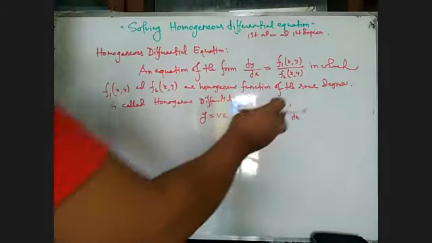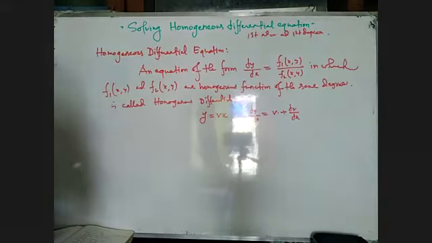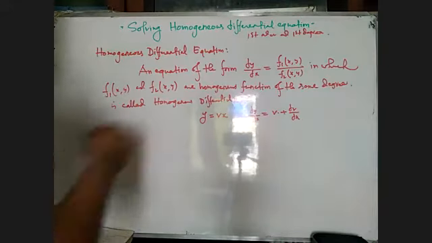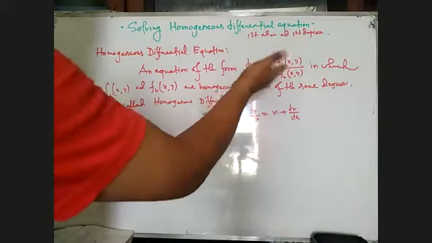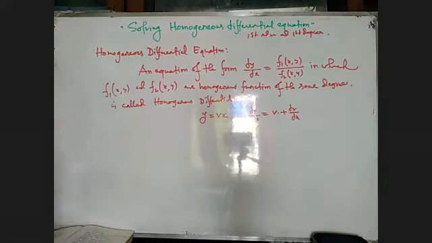So we can substitute the variable y in terms of v. Just by substituting this, we can solve these types of differential equation. Now we will give an example of how to solve them.